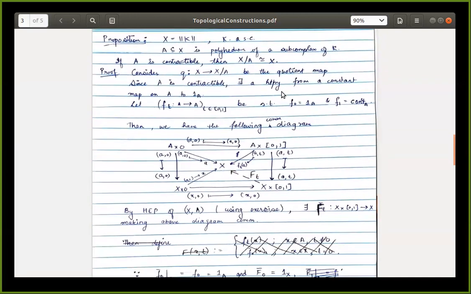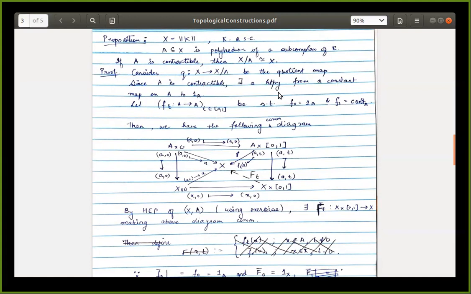Okay, so to see a proof, obviously we have the map Q, the quotient map from X to X mod A, and since we know that A is contractible, we know that there is a homotopy from a constant map on A to the identity map of A. Okay, let F_t be this homotopy.